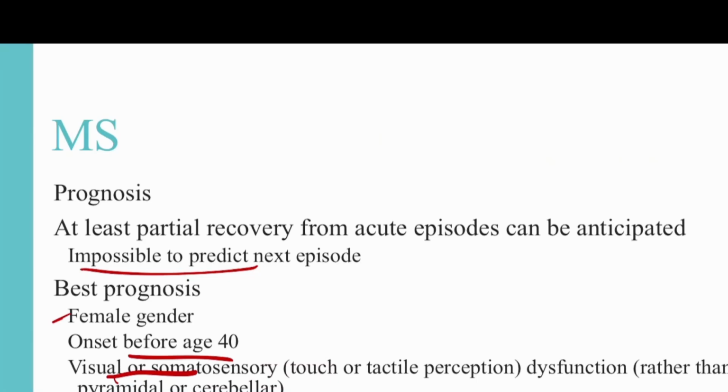What is pyramidal and cerebellar referring to? Movement, motor function. If they have just sensory issues, better prognosis. If they start getting muscle involvement, that's a little worse. Around 50% are only mildly or moderately disabled after 10 years of onset of symptoms.